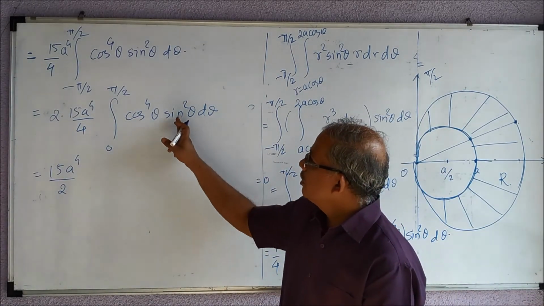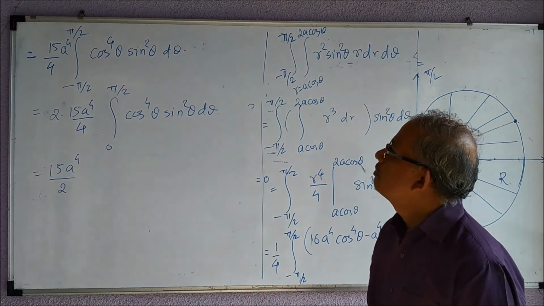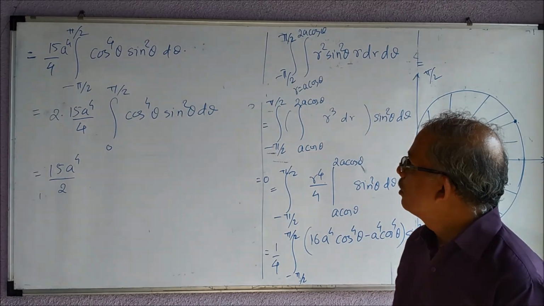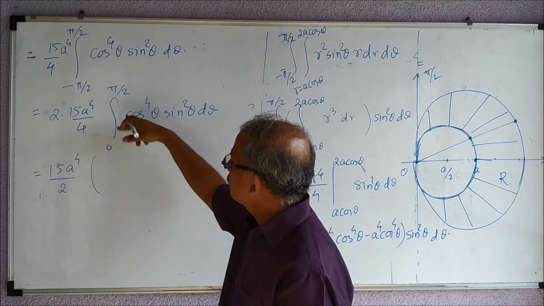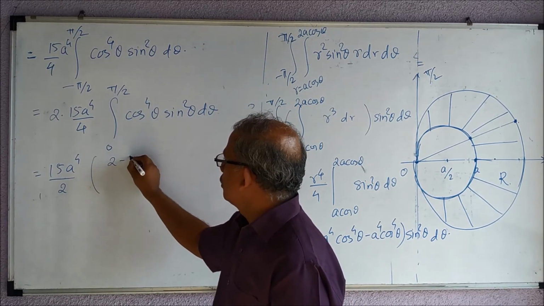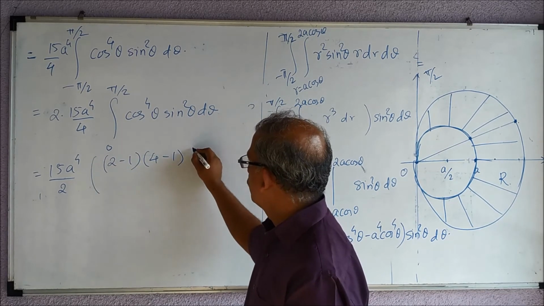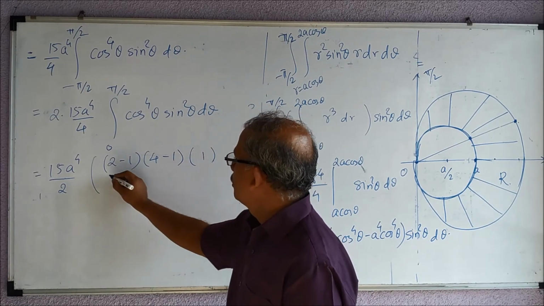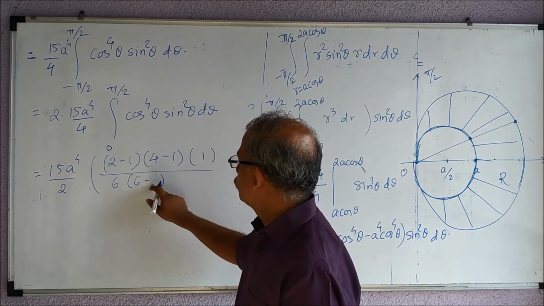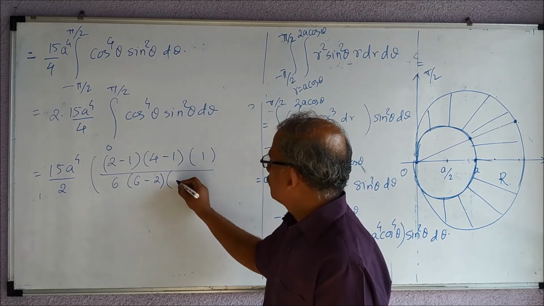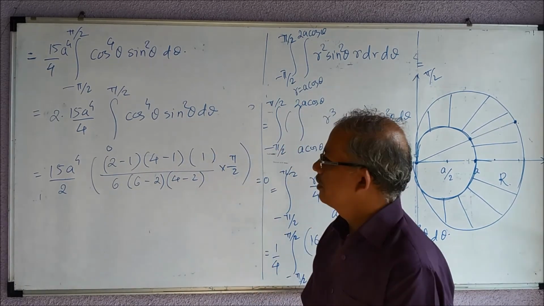And now see that here we can apply the rule that we have learned in the reduction formula. So what is the rule? Both powers are even, and it is running from 0 to pi by 2. So n minus 1, that is 3, and 3 minus 2 is 1, divided by 4 plus 2 is 6, 6 minus 2 is 4, then 4 minus 2, and that's it, into pi by 2 finally.